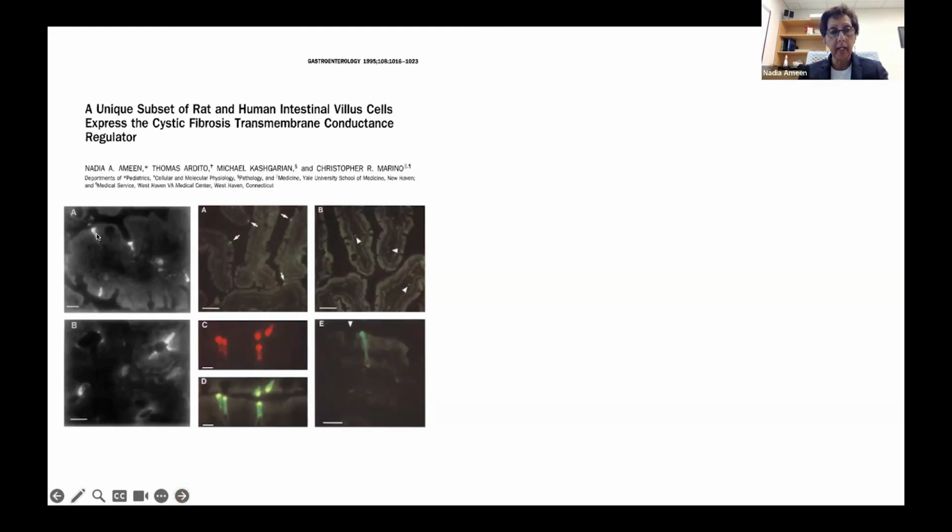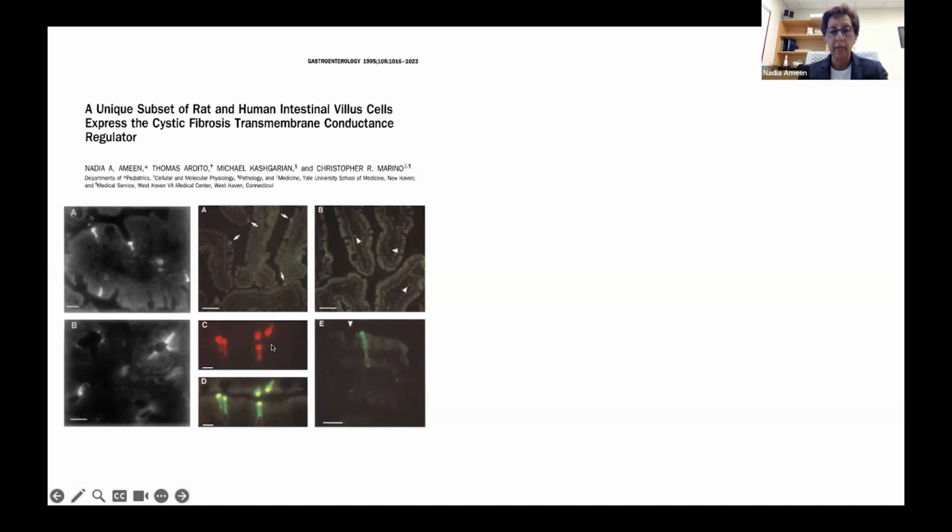You can see one here and another one here, scattered on the villi with really high levels of CFTR. These cells were also located in the superficial crypts. You can see three of them here. And when you look at a lower power image, you can see that they're scattered along the edges of the villi in the small intestine.